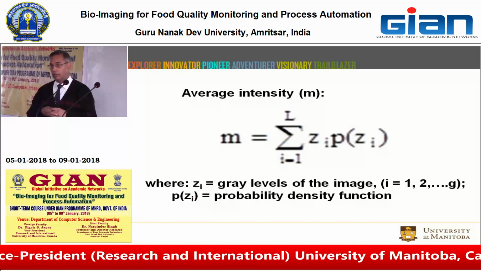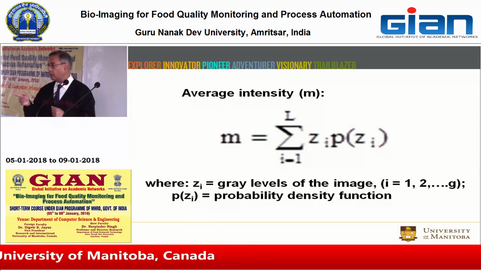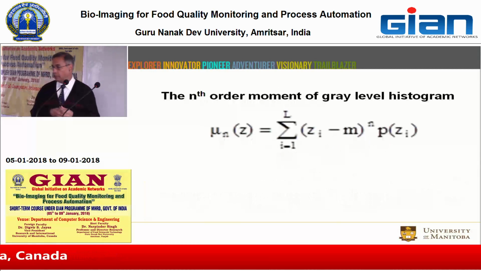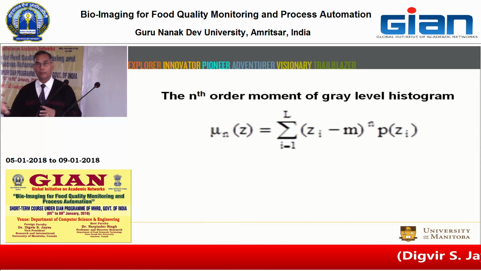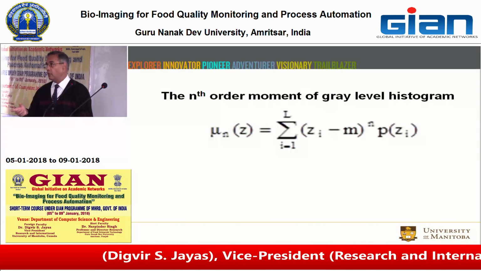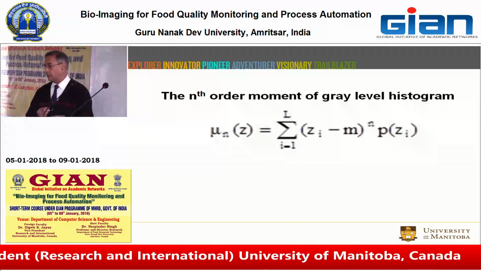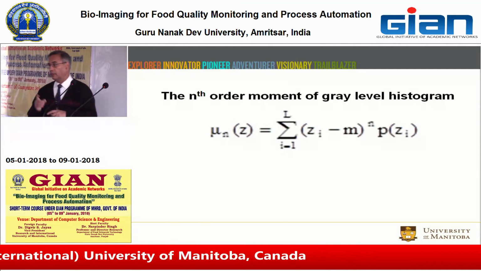So the average intensity you can calculate by using this equation, but the problem is that if you just use the moments, then you still don't get all of the characteristics you can get from the surface.